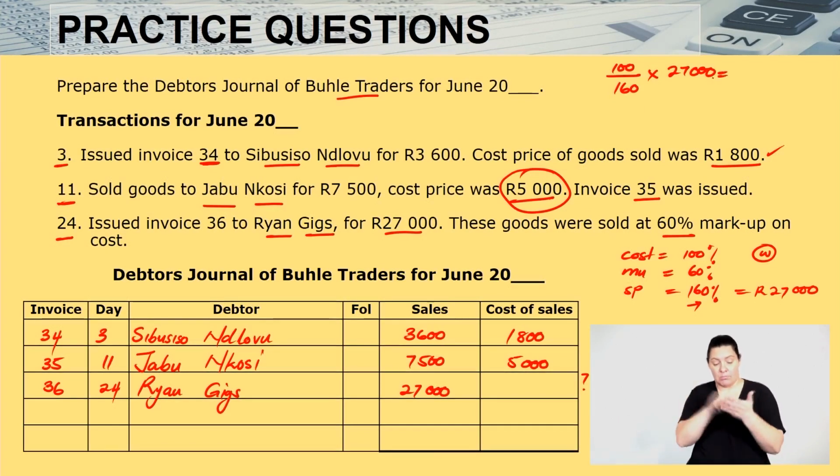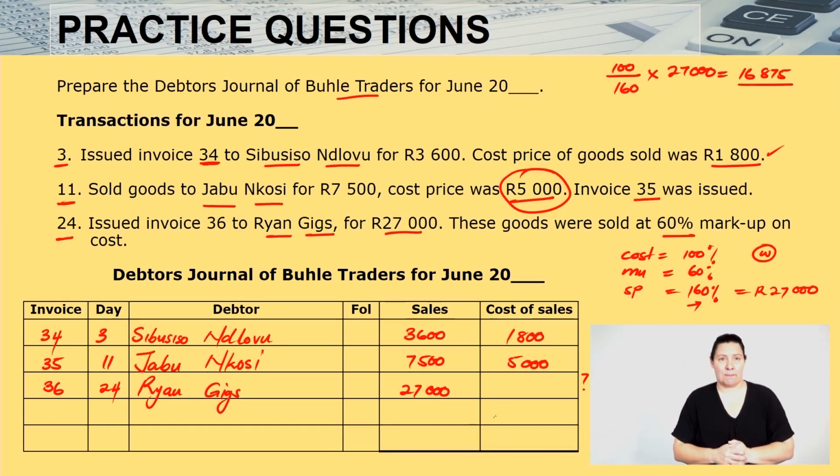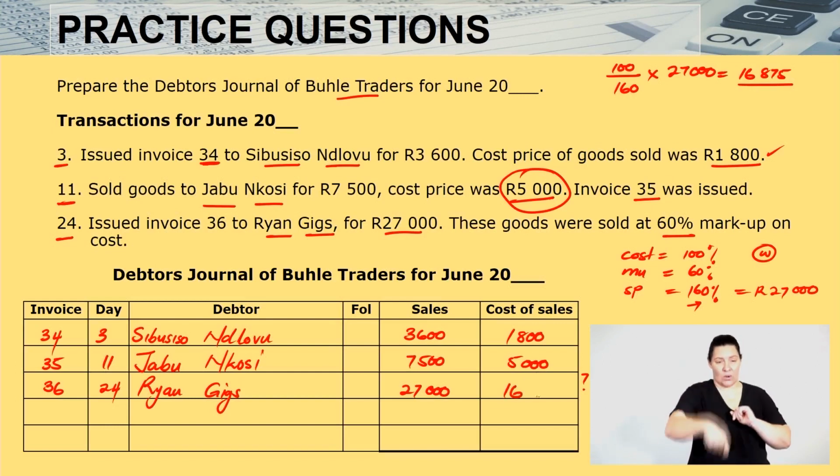If you punch that in your calculator, it will give you now 16,875. So when I come here, my cost of sales becomes 16,875.